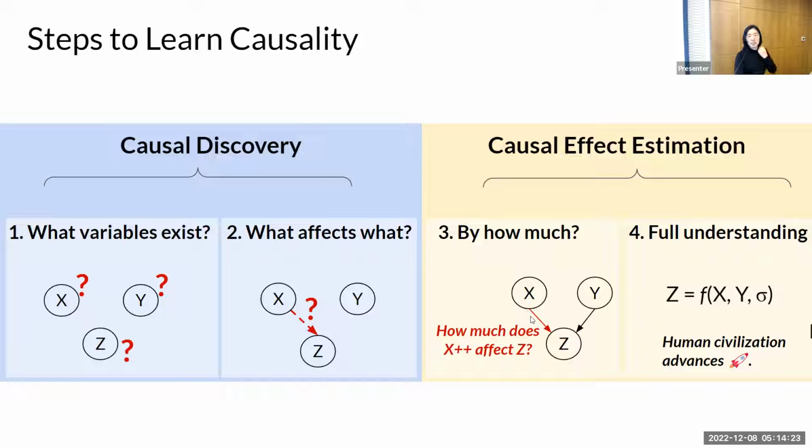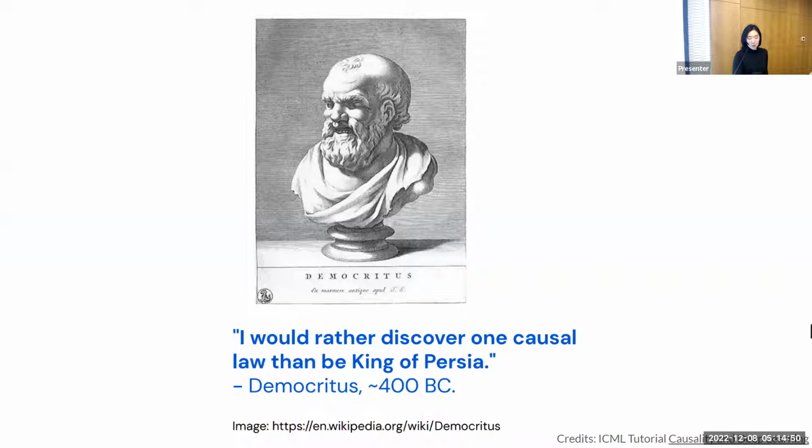Or it could also be some more complicated statistical properties about how changing X affects Z. And the final goal for all scientists would be, are we able to have a deeper understanding of the entire mechanism, how this causal graph, these causal mechanisms work? And that helps human civilization to advance. I also really like this quote by Democritus. He said that I would rather discover one causal law than be the king of Persia.